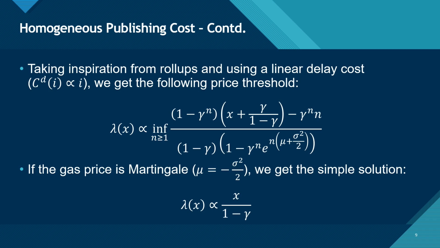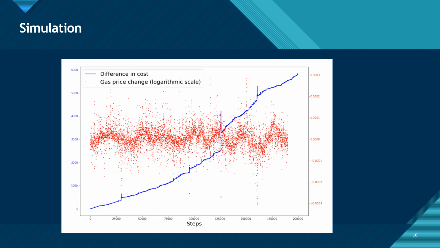Here we show a simple simulation we did where we simulated the price threshold policy we just showed in a simulated environment of a rollup, and we use the real gas prices from Ethereum we collected.